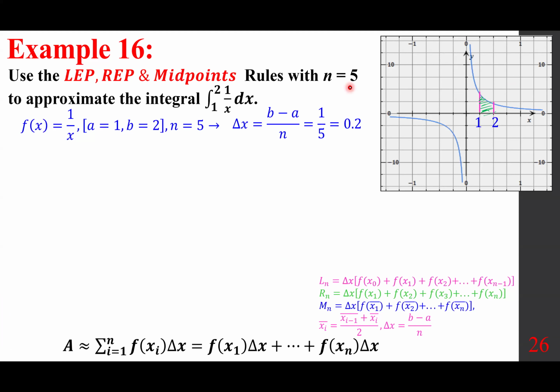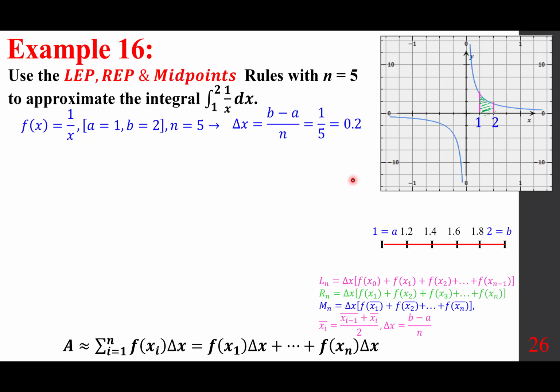Now, here's the method that I want to show you. This is the formula for left endpoints, right endpoints, midpoints. I want to show you an easy way so you don't have to memorize it. Draw a line segment from 1 to 2, make it large enough so it's easy to see. It starts with 1, ends with 2, and you just add 0.2, 0.2, 0.2, or 1/5.